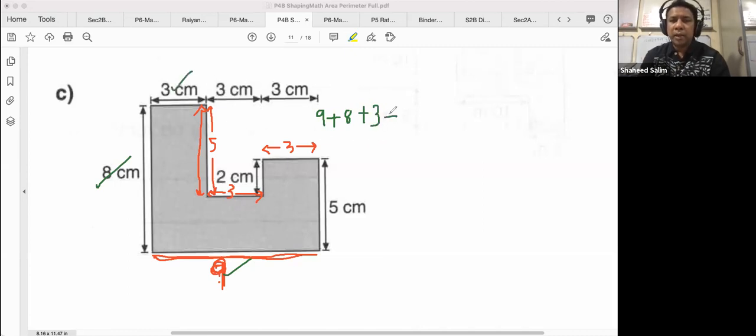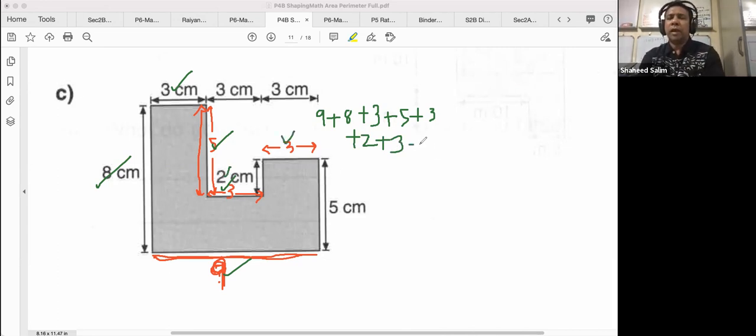Then next one, plus 5. And then plus 3, plus 3. Then the next one, plus 2. Next one down here, plus 3. And then the last one, plus 5.